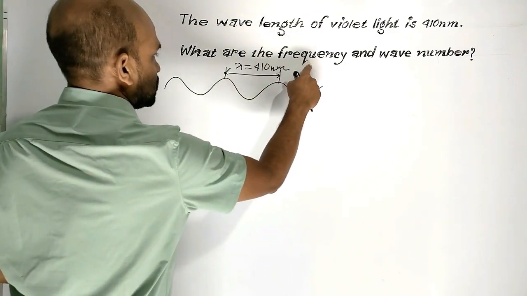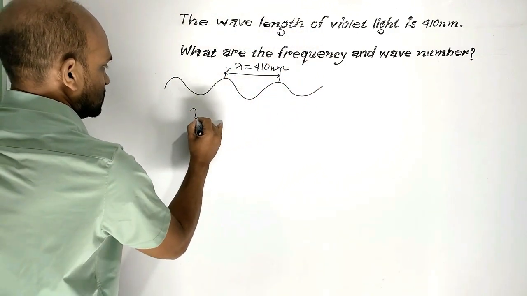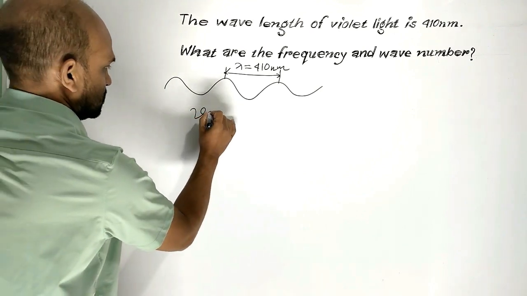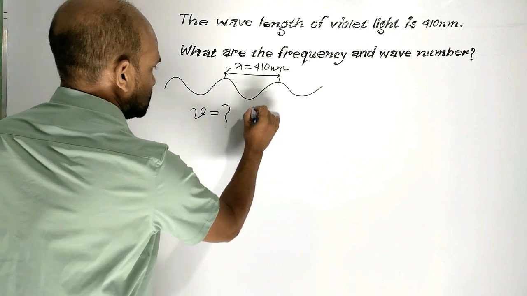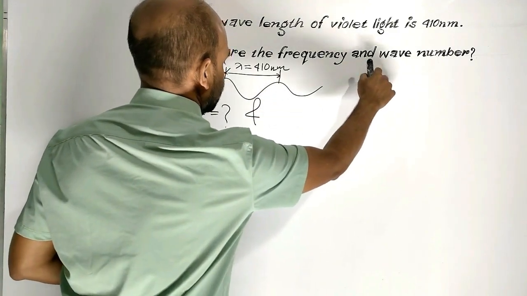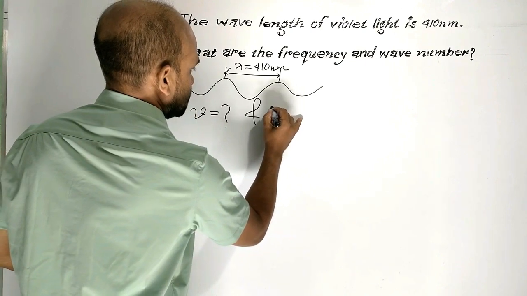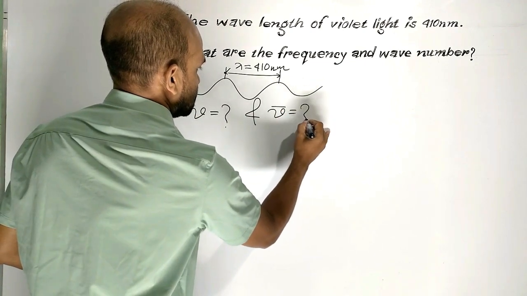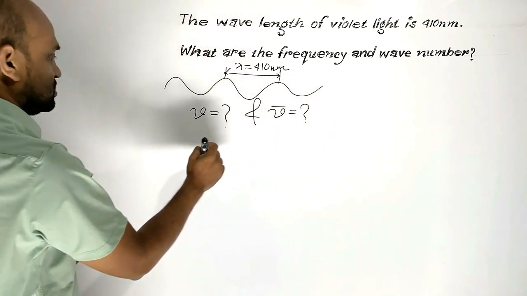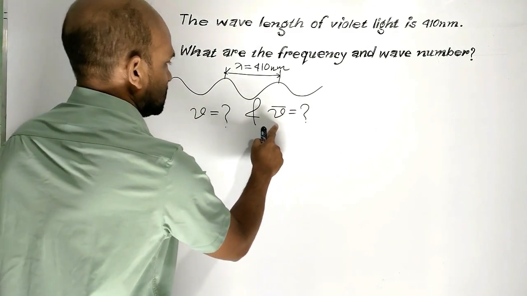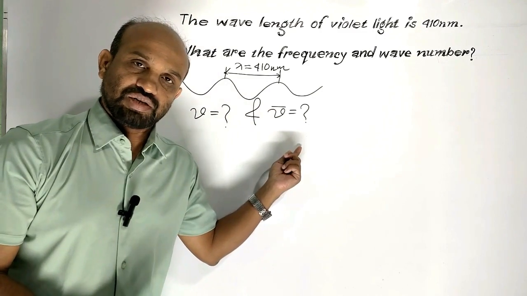What are the frequency? Frequency is denoted by nu. Frequency and wave number. Wave number is denoted by nu bar. That is, frequency and wave number have to be calculated.